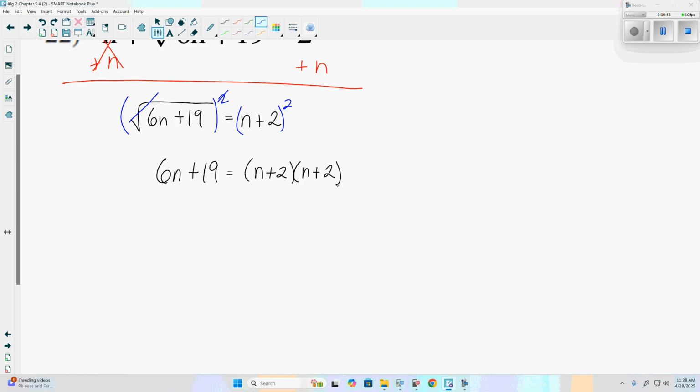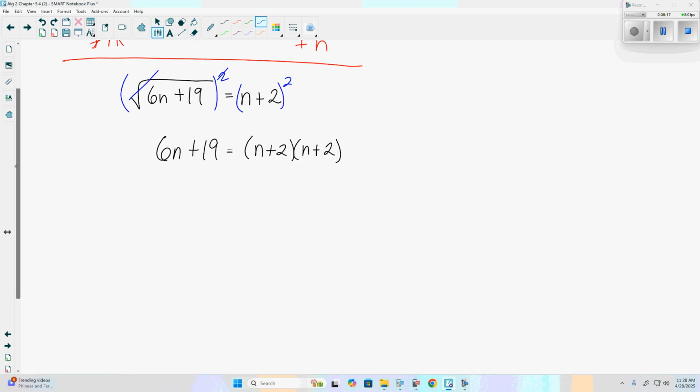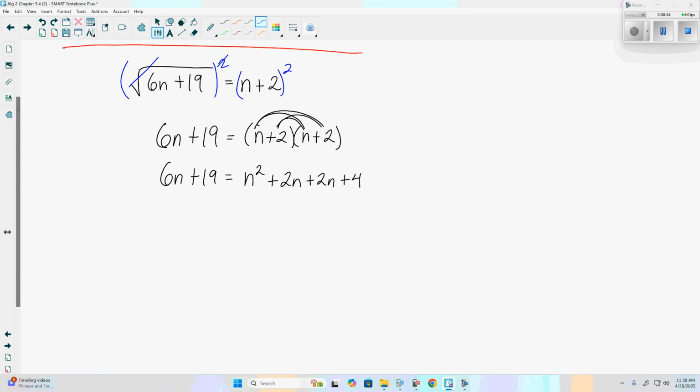We're multiplying it by itself, and we will have to multiply that out. n times n gives us n squared. n times 2 is plus 2n. 2 times n will give us plus 2n, and 2 times 2 would give us 4.